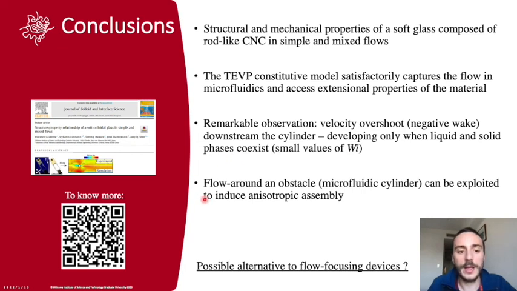And finally, we have seen the flow around the obstacle, the microfluidic cylinder, for inducing anisotropy in the material, and this possibly can be used as an alternative to other conventional techniques used to produce anisotropy in soft solids, such as the flow focusing device.